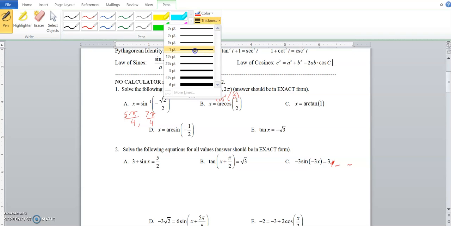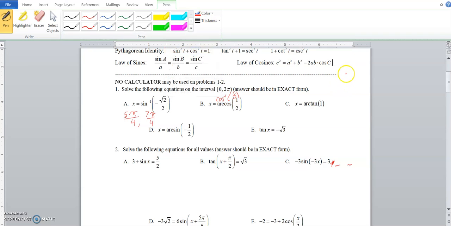Cosine is positive because it's corresponding to the x value, in these two quadrants, 1 and 4. So cosine is a half based on our unit circle at pi over 3, which is this angle up here, but then it's also the corresponding angle all the way around here, which is pi over 3 away from 2 pi. So that would be 5 pi over 3.